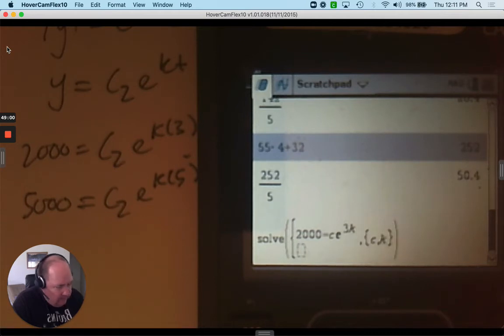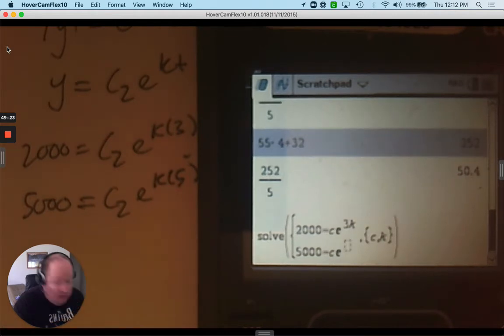And then the second equation is 5,000 equals, and again it's c, and it's e to the 5k. Oops, wrong e. Make sure you don't use the e on the bottom of the keyboard. Use the e on the left, e to the x. So e to the 5k.